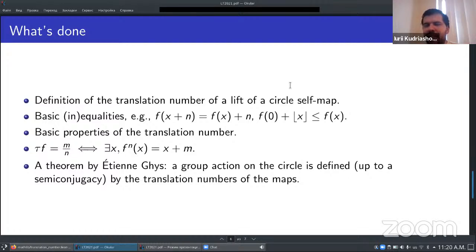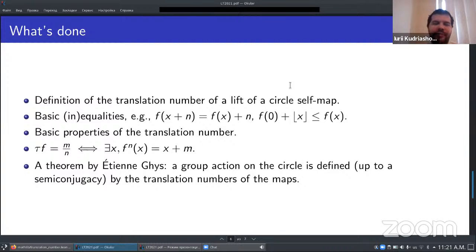And you fix some lift of this action to the real line, and you know translation numbers of all those lifts, then you know the action up to semi-conjugacy.